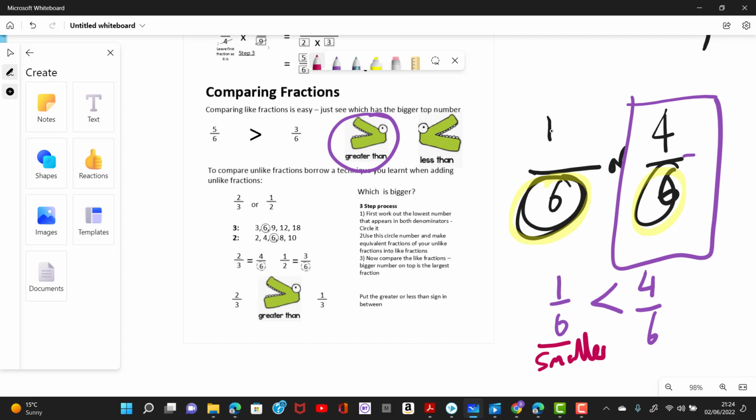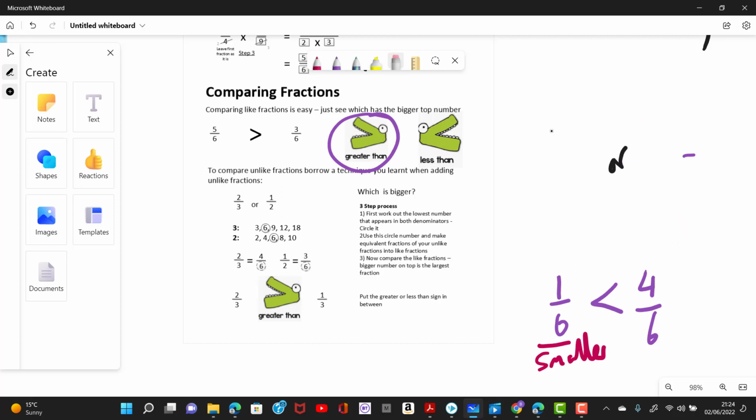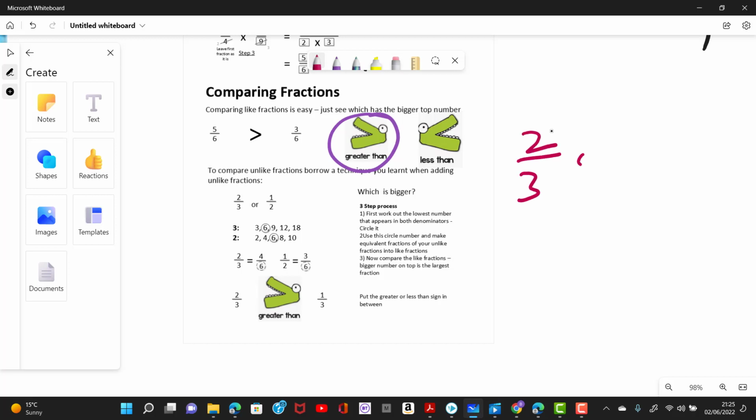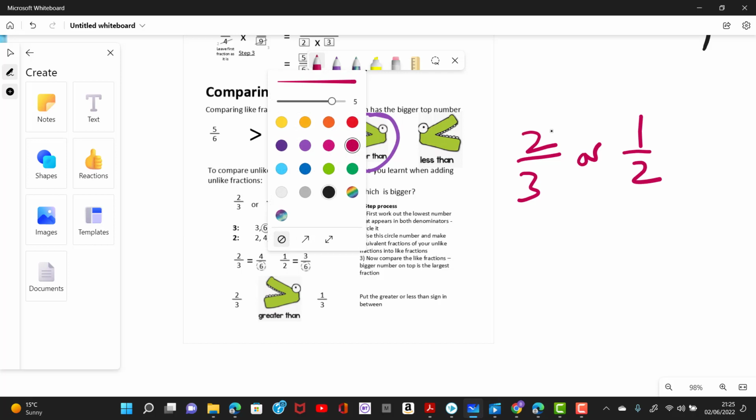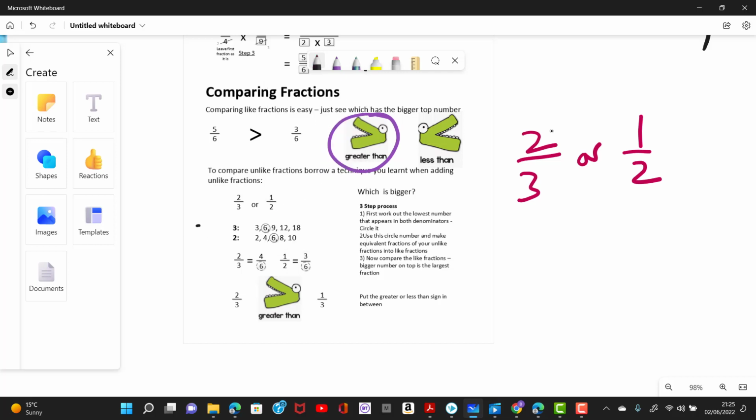Now when the bottom number is not the same, it's slightly tricky. They give an example: 2/3 or 1/2, which is bigger? I'm going to do it slightly differently to how the book does it. We're going to make it the same bottom number. At the moment, the bottom numbers are 3 and 2. We want to change these to the same bottom number.